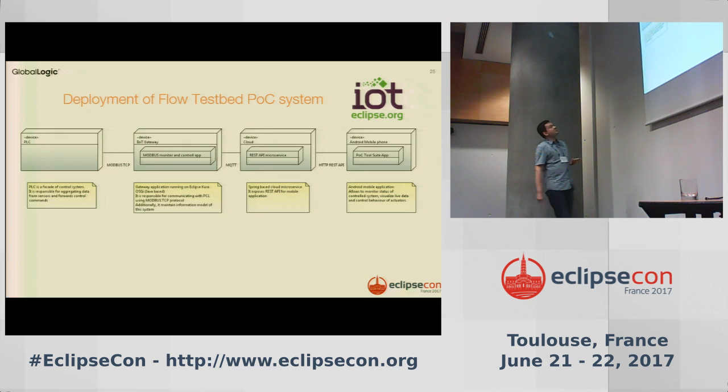Yeah, so this is our deployment of components in our setup. On the left-hand side, we've got a PLC, which exposes those registers over Modbus. Then we have an IoT gateway, which is based on Eclipse Kura, and it is running on a single board computer.